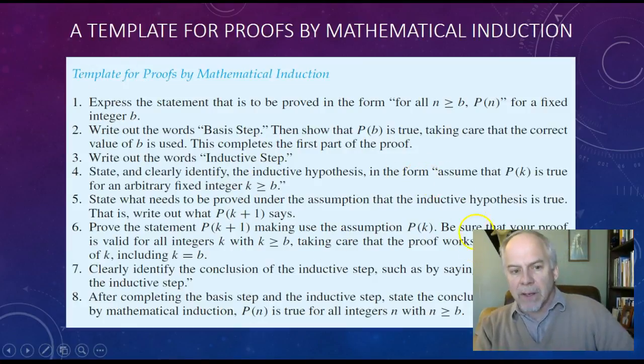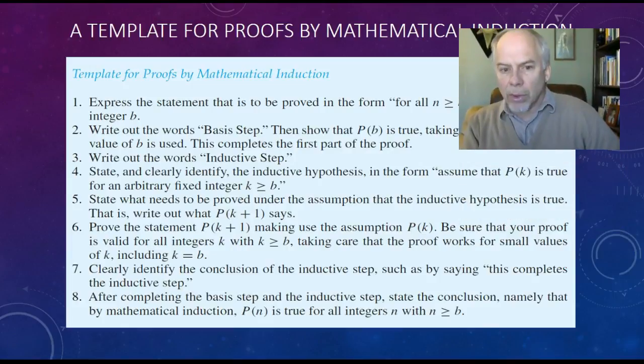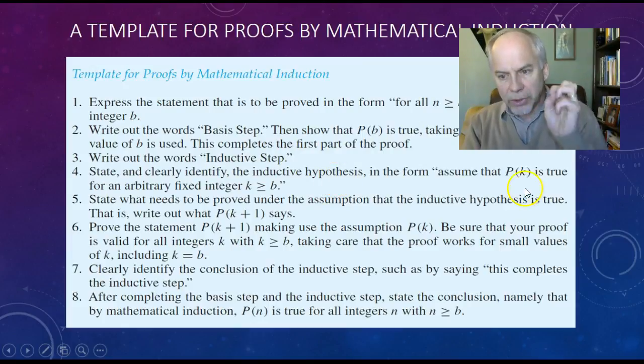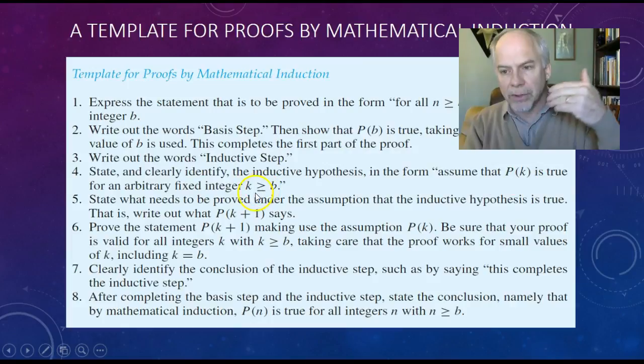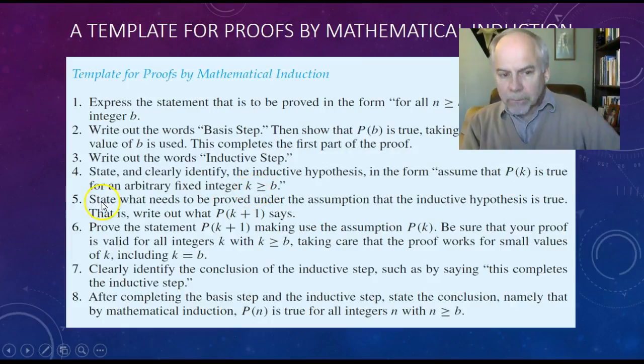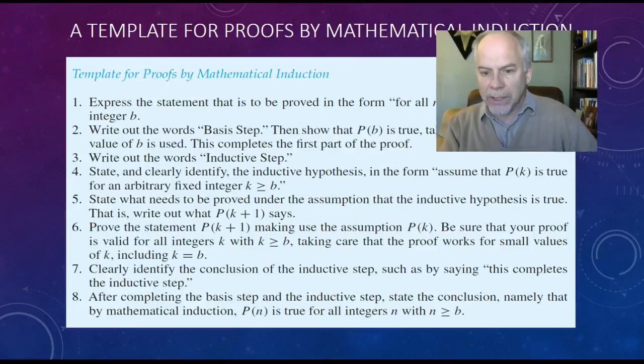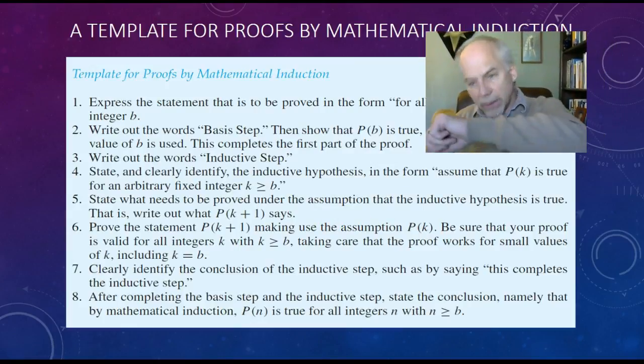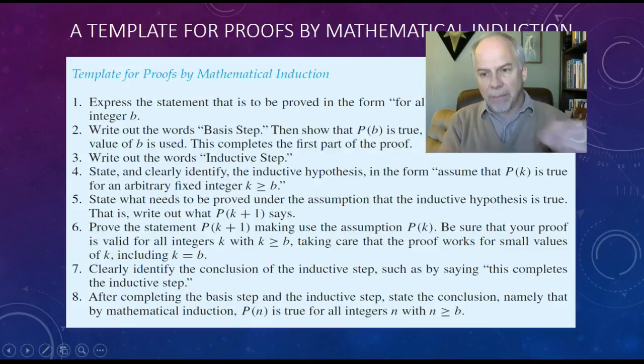All right. Then write out the words inductive step. So here you'll label what you're assuming. You're going to assume that P of k is true for some integer k. And then you state what needs to be proven, and what needs to be proven is that it works for k plus 1.